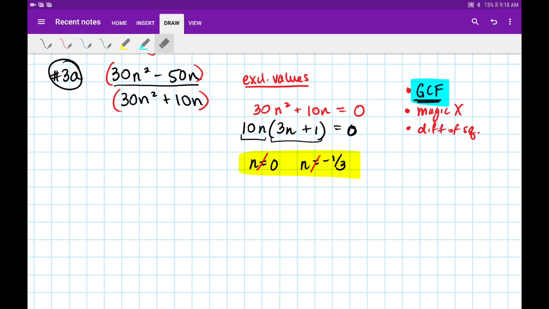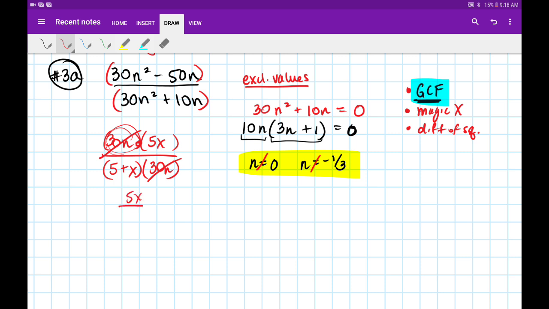So we can only cancel things that are already pieces that multiply. We can only cancel factors. For example, if I had 30n and 30n, and then I had a 5x and a 5 plus x, now that my 30n is a factor, it's being multiplied, so I can cancel it out with that factor.